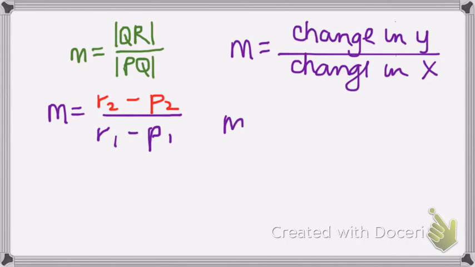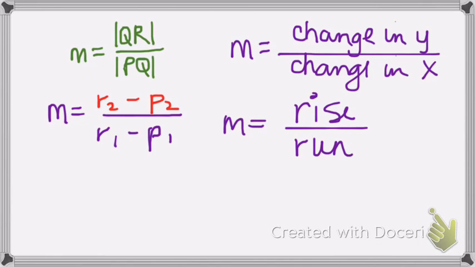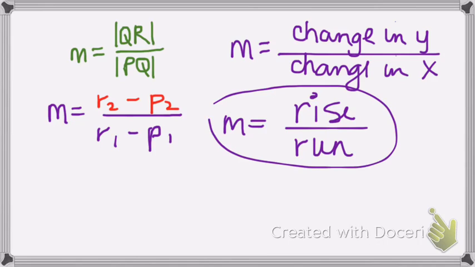Slope is also referred to as this, and this is how I always remember which one to put in the numerator and denominator. I think of slope as rise over run. So how far does the graph go up compared to a distance over? The rise is the up or down, the run is the left or right.